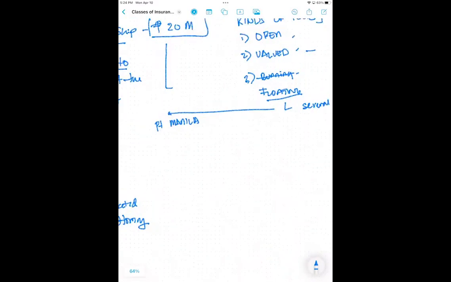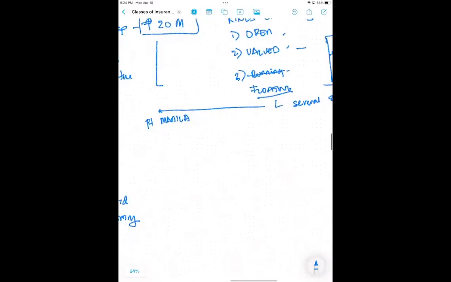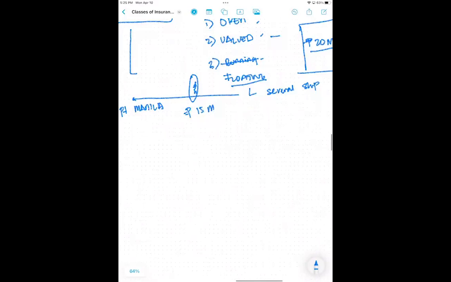And when the ship was somewhere here, it met some heavy weather that reduced the value of the ship to, let's say, 15 million. And when the ship finally arrived at the port of Hong Kong, the value of the ship is worth 15 million.